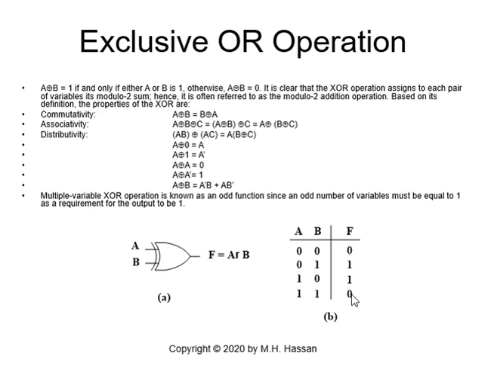So it is a modulo 2 addition. 0 plus 0 is 0, 0 plus 1 is 1, 1 plus 0 is 1, and 1 plus 1 is 0. So this is F exclusive OR. This sign here is a plus sign surrounded by a circle. So F is equal to A exclusive OR B.